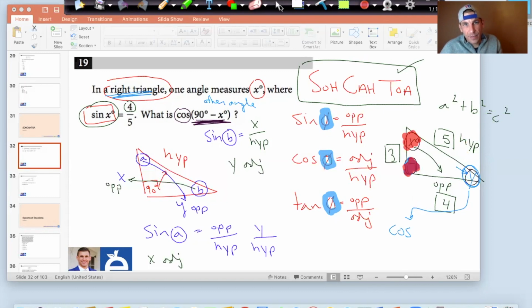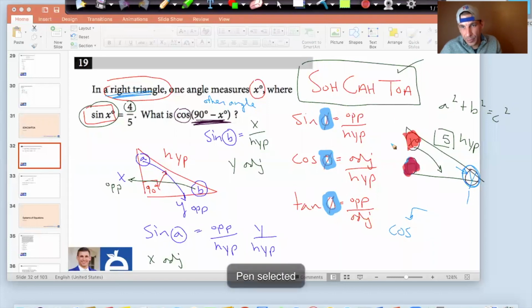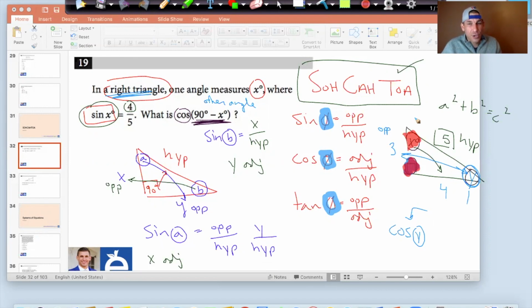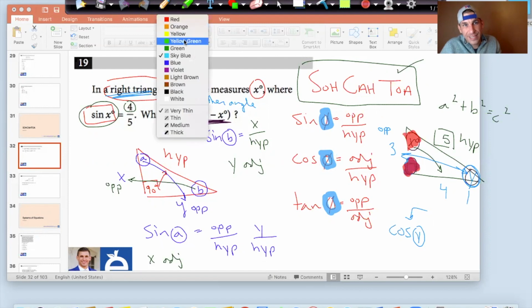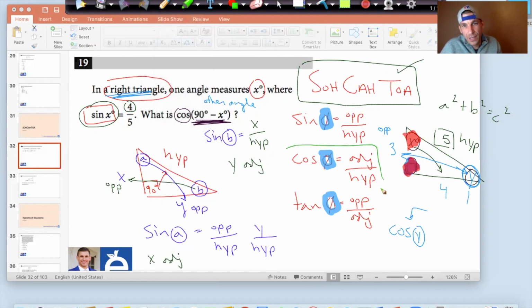Now, if I erase this part here and this part here, just to organize it a little bit, this is 3, this is 4, okay? What you want to pay attention to is my cosine of Y now, going from this angle. This would have been my opposite, but given that I'm looking for cosine, remember, cosine is adjacent.